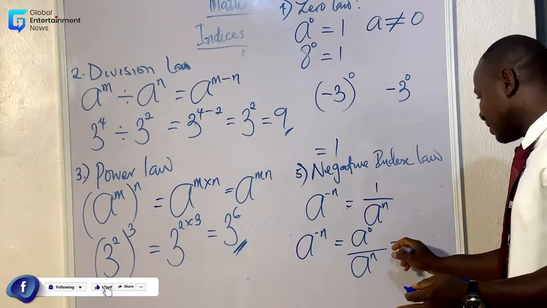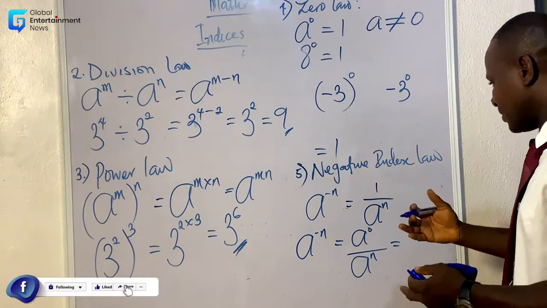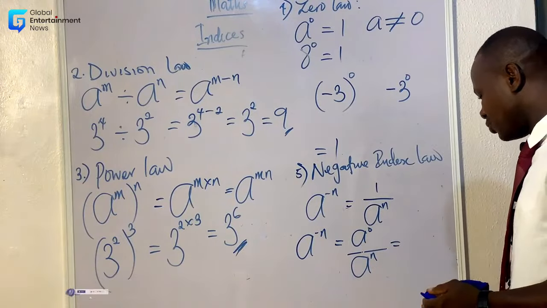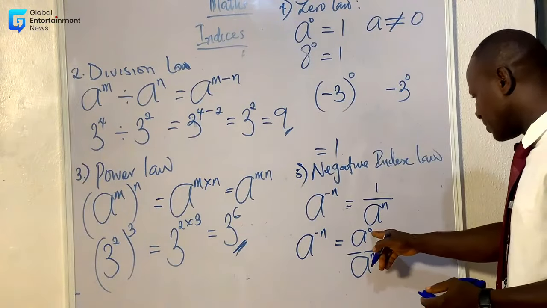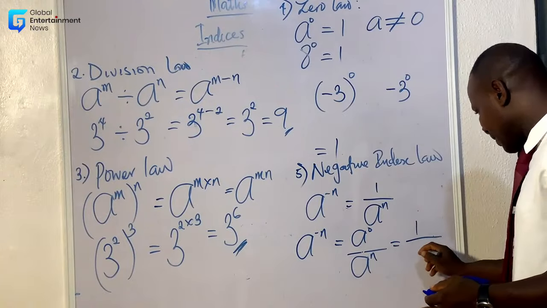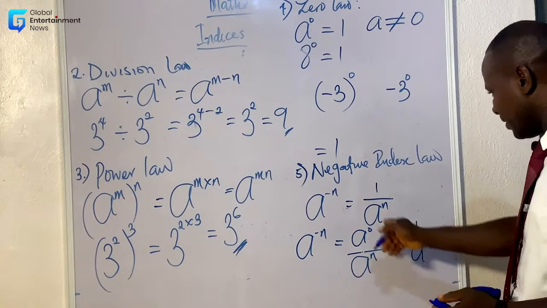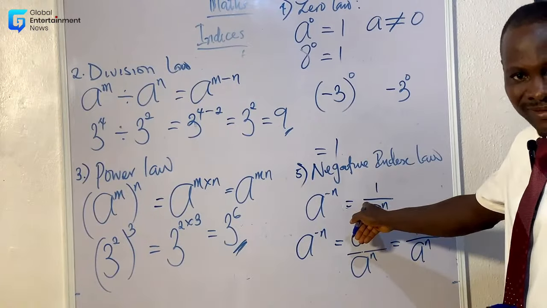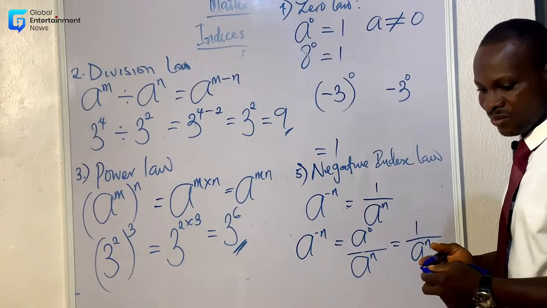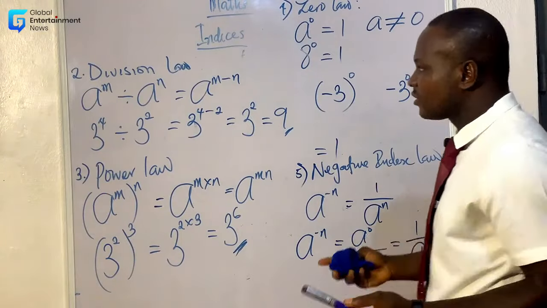And if you could remember very well, our zero law says that any variables or terms raised to power 0 is equal to 1. Then all over a raised to power n. You can see, we still get this. So it's the same thing. I believe you understand.